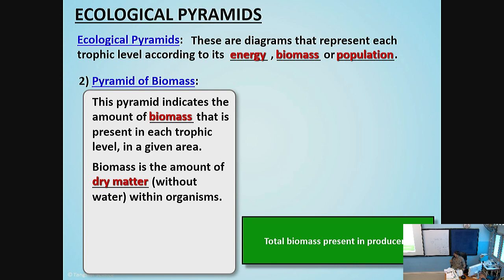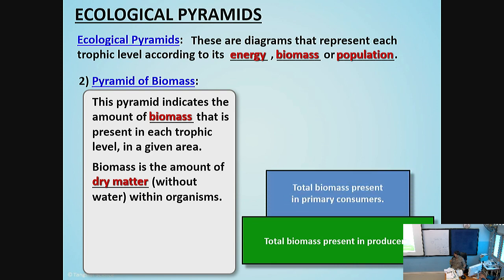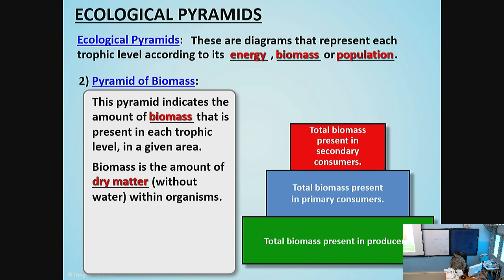For example, total biomass present in producer, primary, secondary, and tertiary. That is in the terrestrial or land ecosystem.